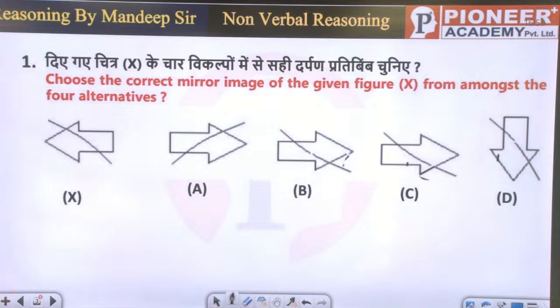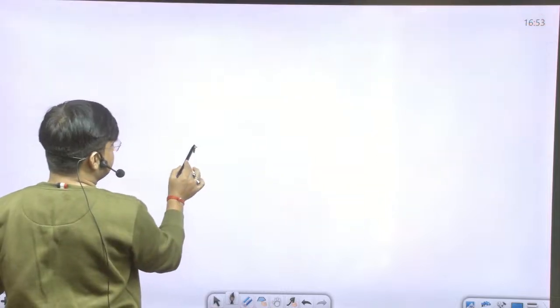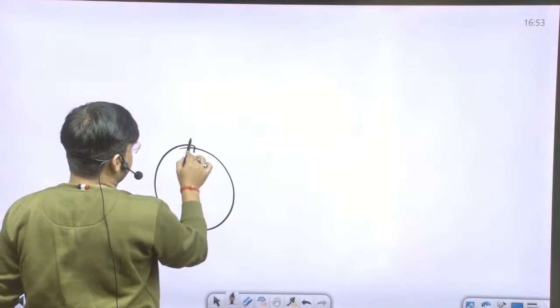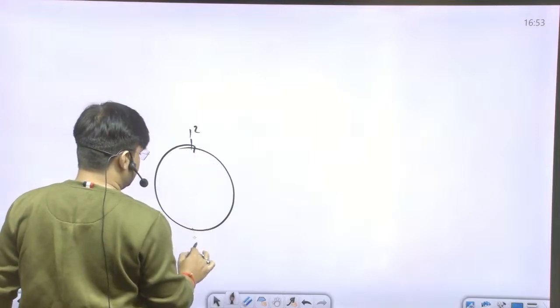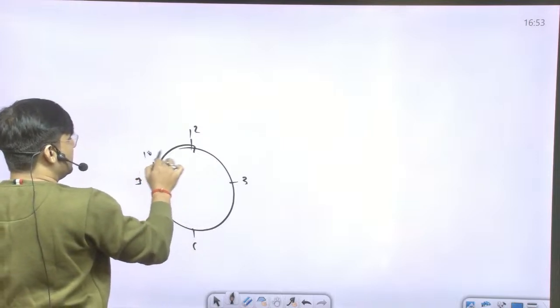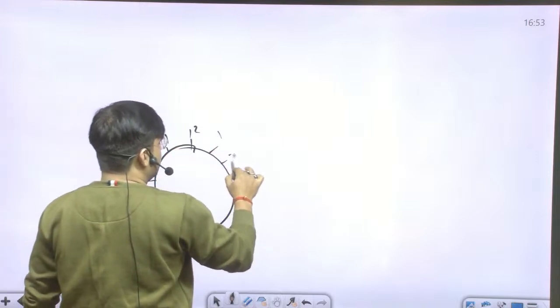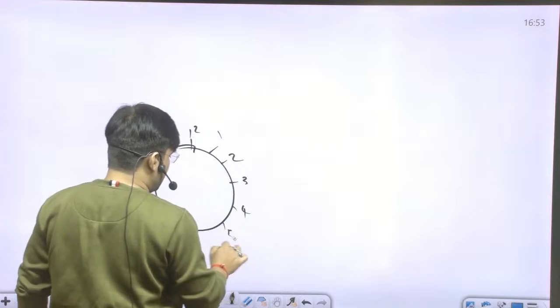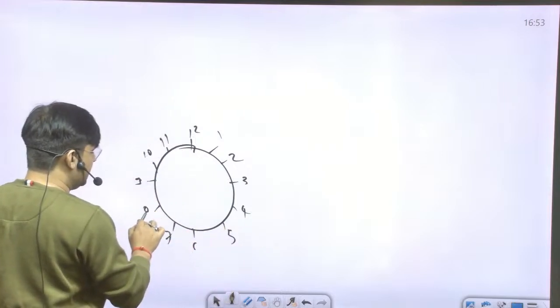For example, on a clock: 12, 6, 3, 9, 10, 11, 1, 2, 4, 5, 7 and 8.